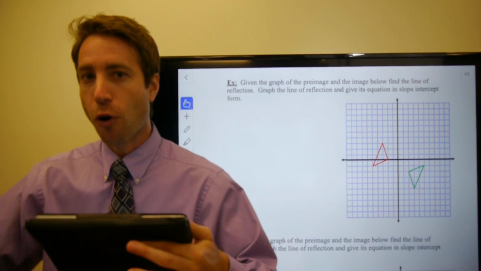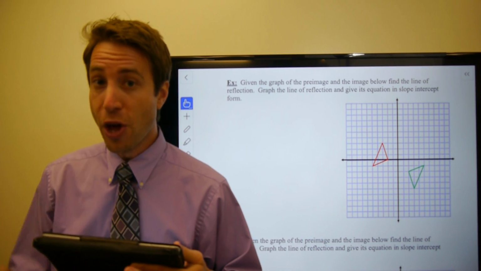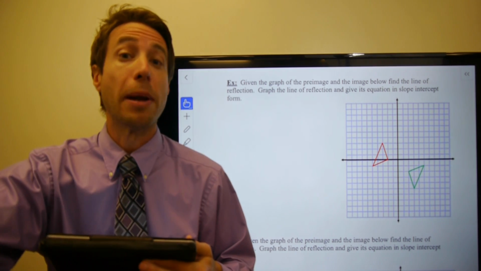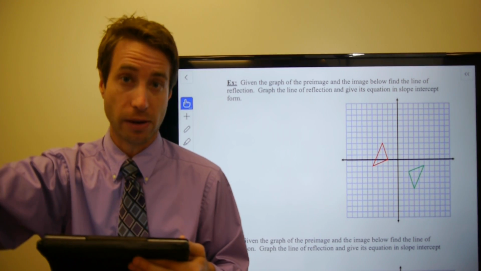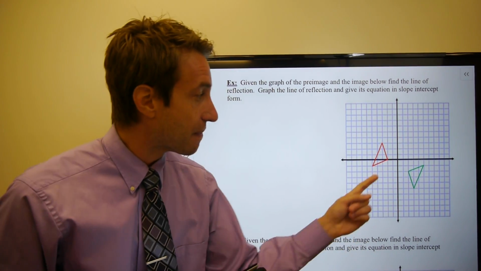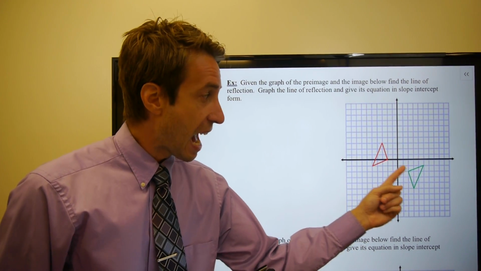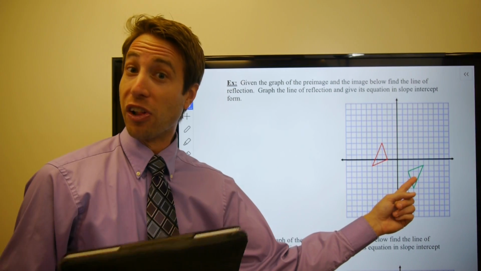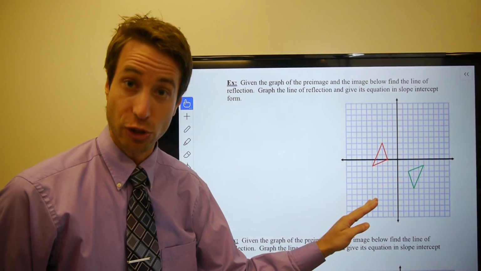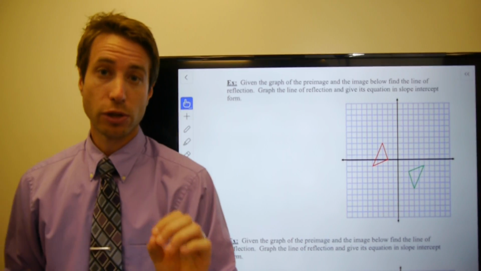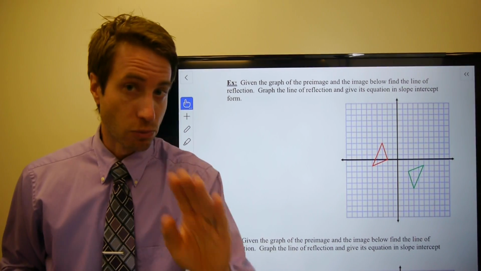However far you're standing from the mirror, your image in the mirror would appear to be at the same depth into the mirror. So the idea is if this is my pre-image and this is my image, the line of reflection is going to split right down between those two figures, right down the middle.